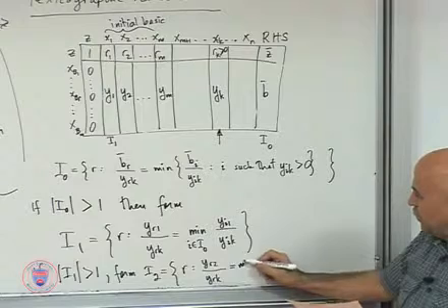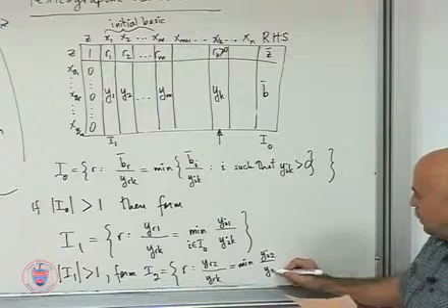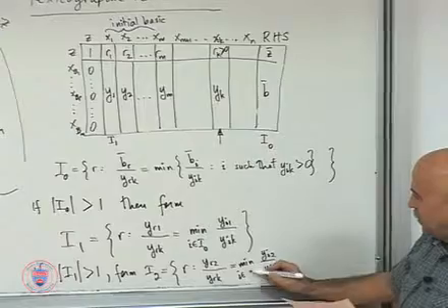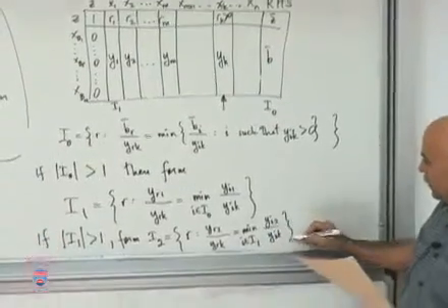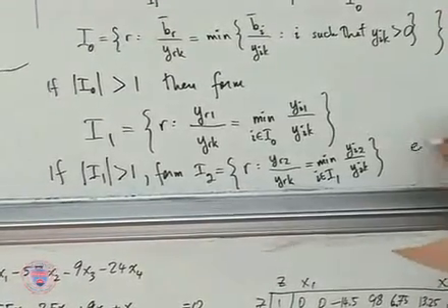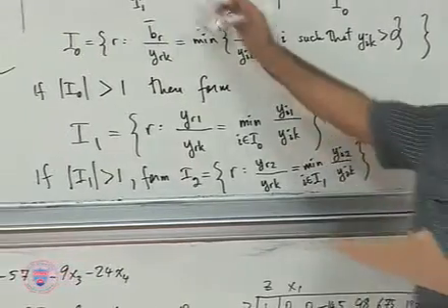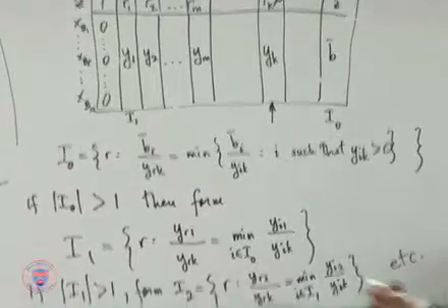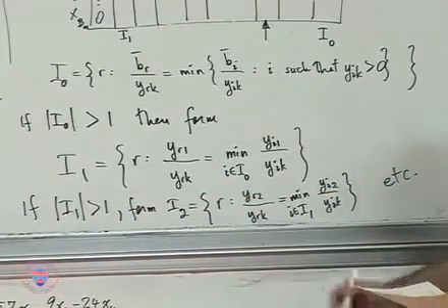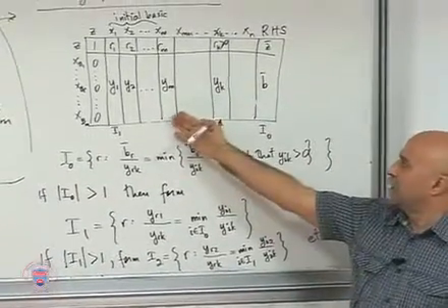These are the minimum ratios, YI2 over YIK, where in this case I is restricted to I1. Okay? So each time you're getting smaller and smaller, etc. You keep doing this until finally the last one is I sub m. Maybe before that you will obtain a set which gives you a single element, in which case you exit that. Otherwise, you arrive at the last one.